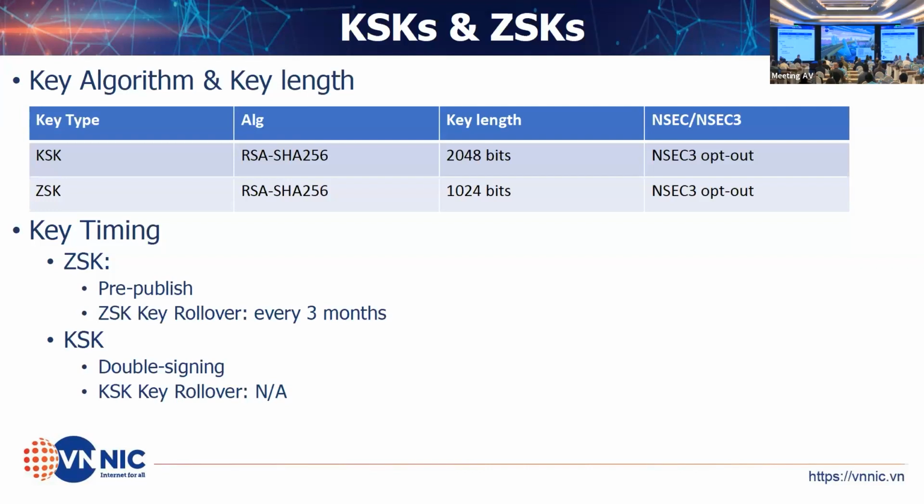Each zone has about four ZSK key pairs and one KSK. For the KSK we use double sign, so the double KSK is present on the .vn zone.